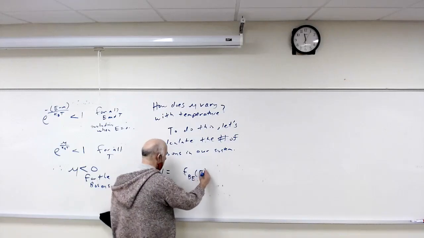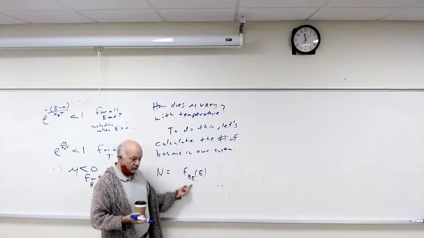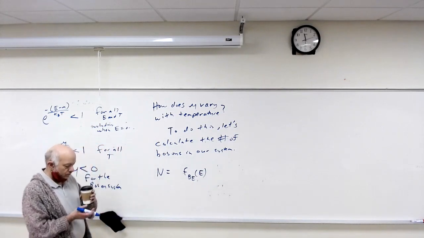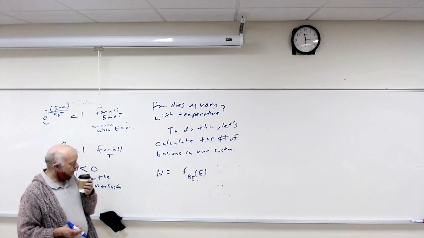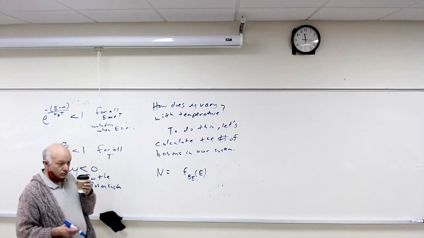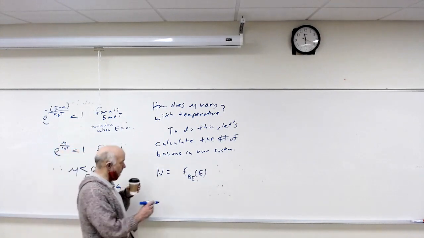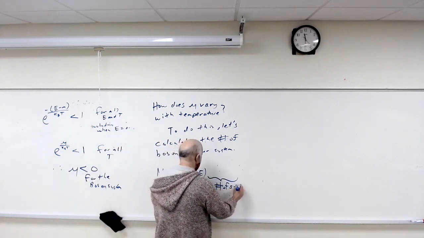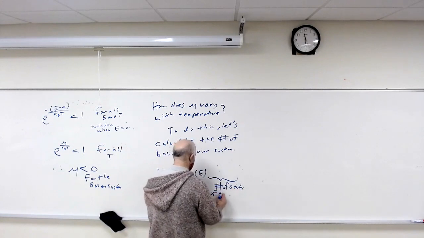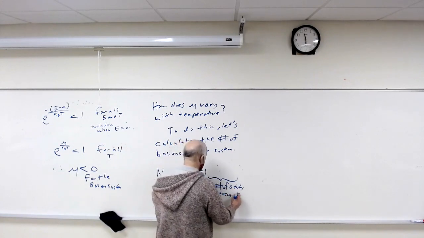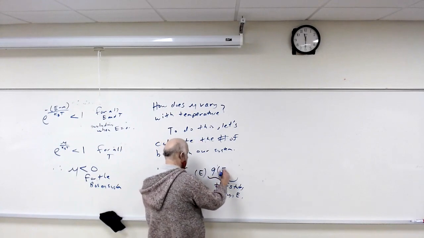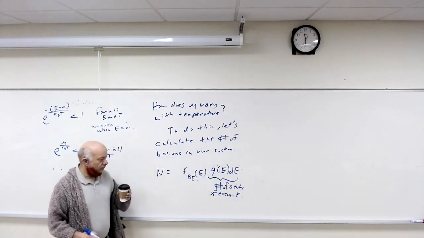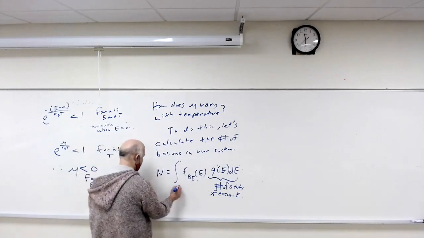It's a function of E. So that's the average number of particles in that given energy E. And then we multiply that by the number of states of energy E. We're going to write this in terms of our g(E) dE, like we did before. That's the number of states, and then as you said, we have to sum these up from 0 to infinity.